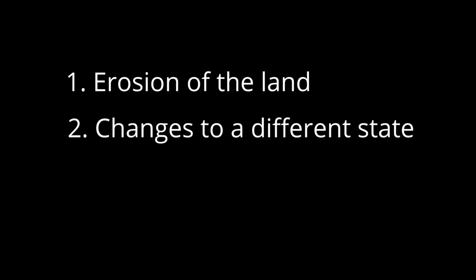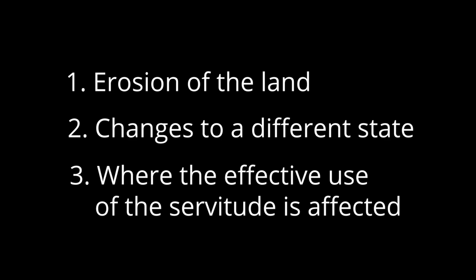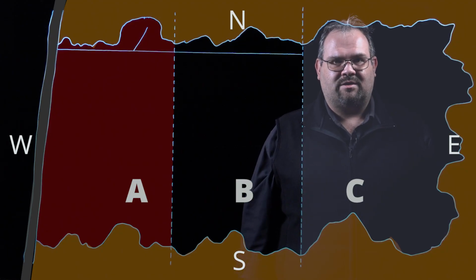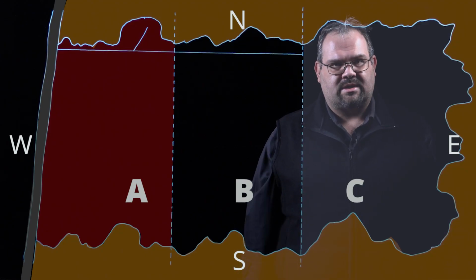Secondly, where the servient or dominant tenements are changed to a different state than when the servitude was created as a result of droughts or other changes that occur slowly and incrementally over time. Or thirdly, where the effective use of the servitude is affected by changes in society, the economy, technology, or the political sphere. With those preliminary notes out of the way, let's delve into our scenario.